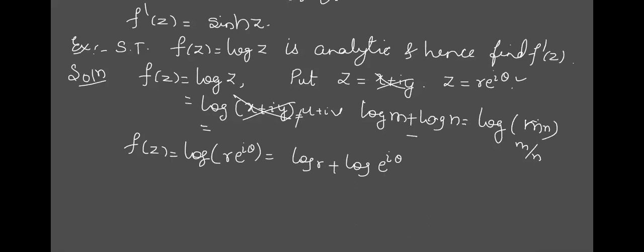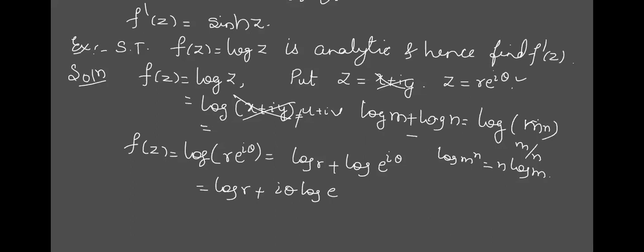Done. Now for this we have to apply the property log m raised to n is n log m. So this is log r plus i theta, where the power comes here, times log of e. If there is no base, that means the base is always e.